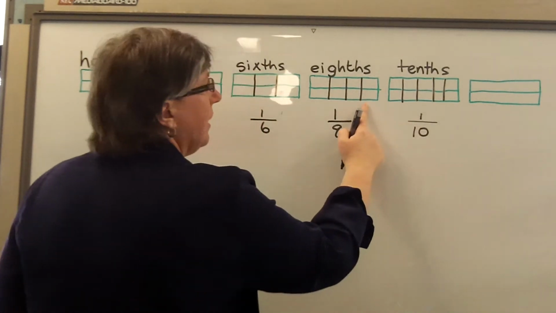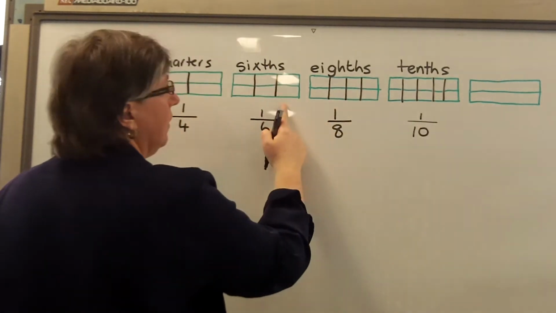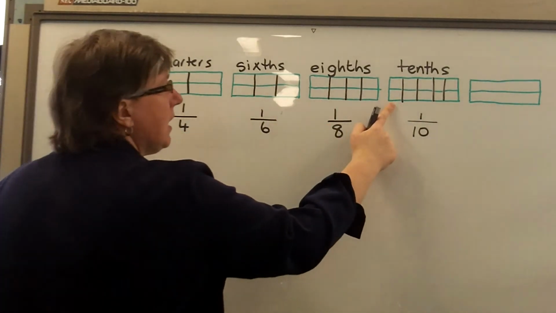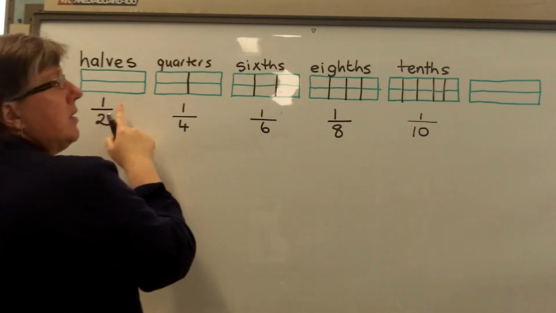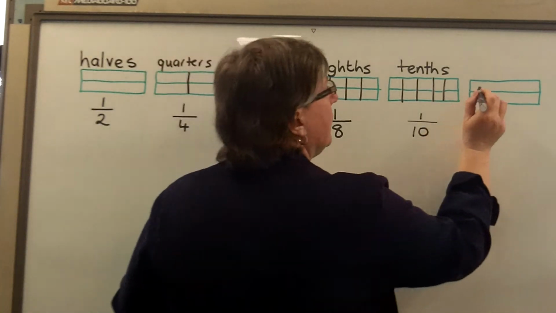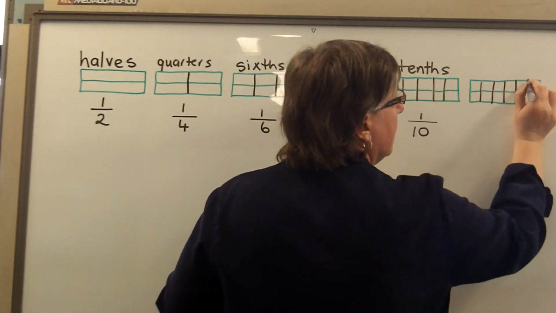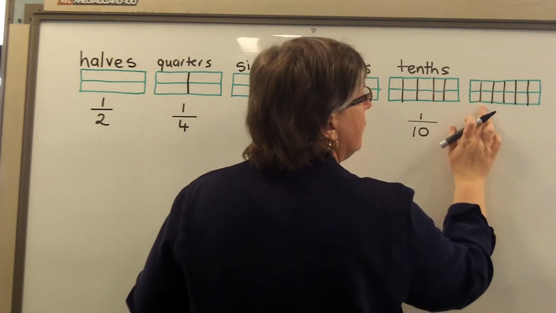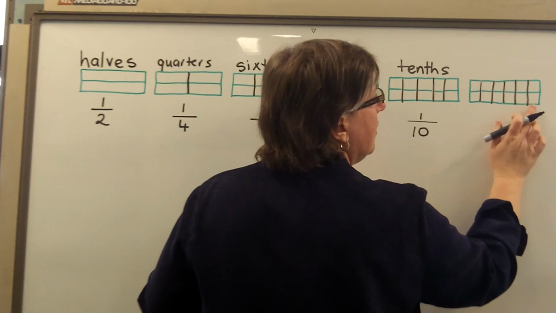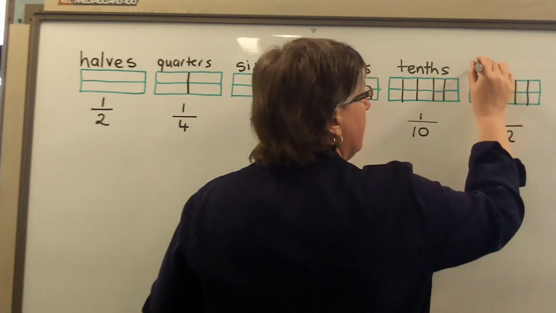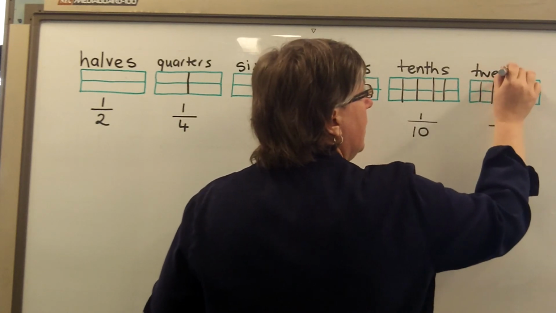Tenths are smaller than eighths, tenths are smaller than sixths, tenths are smaller than quarters, and tenths are smaller than halves. Finally, if I put 5 lines in, I would have 2, 4, 6, 8, 10, 12 pieces, and each piece would be called a twelfth.